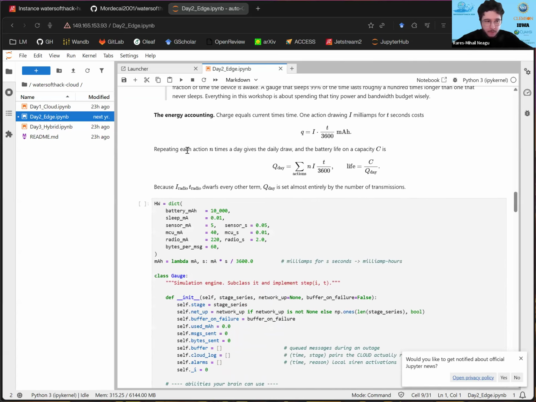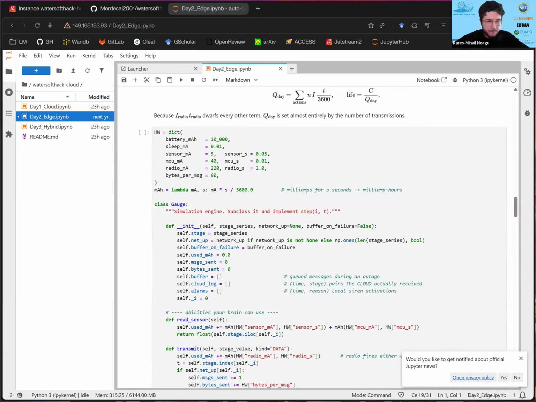All right, let's dig into the code. HW is basically a plain dictionary of realistic field hardware specs. This underscore here is just a readability separator, so it basically means 10,000 milliampere hours. SLEEP_MA is how much current we draw while we're sleeping.